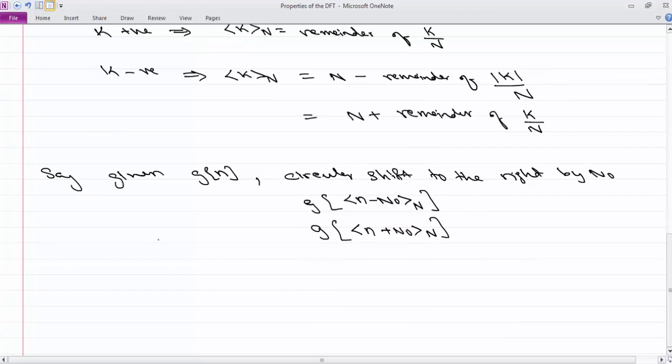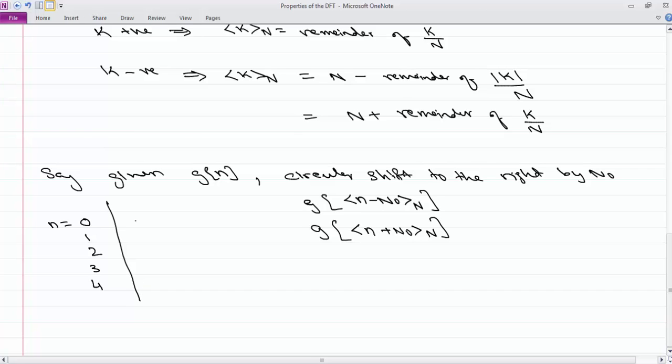So let's say your original indices were n equal to 0, 1, 2, 3, 4. Right? And you are asked to compute the circular shift to the right by 2. So what are the values that you are going to get?